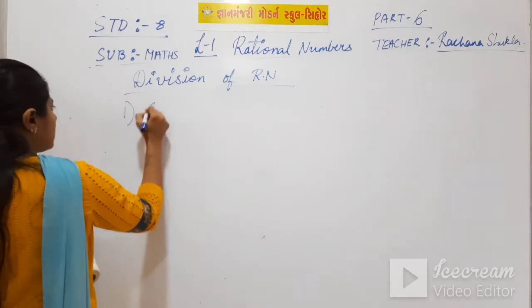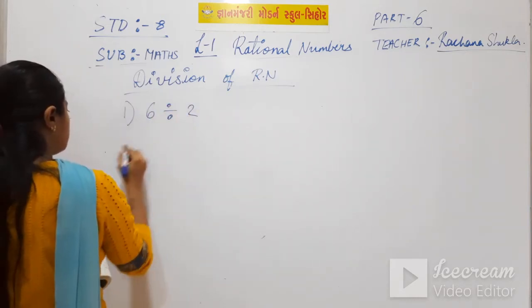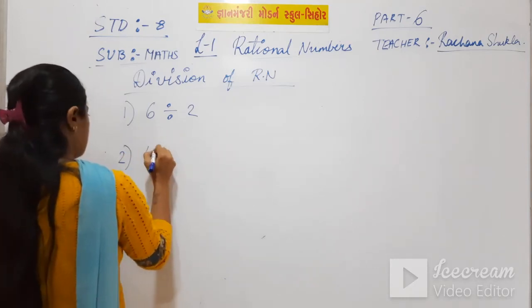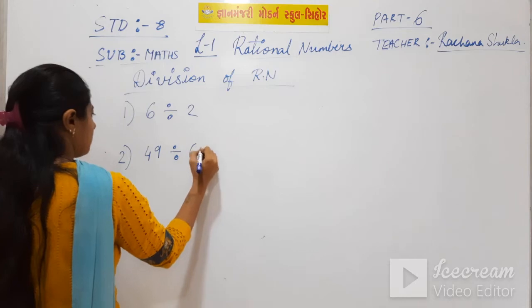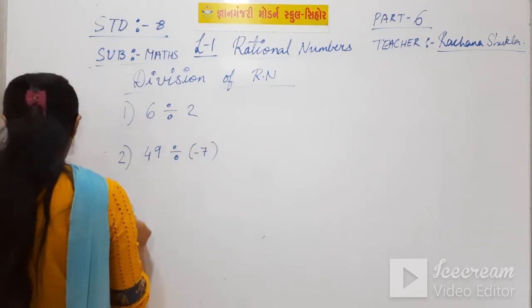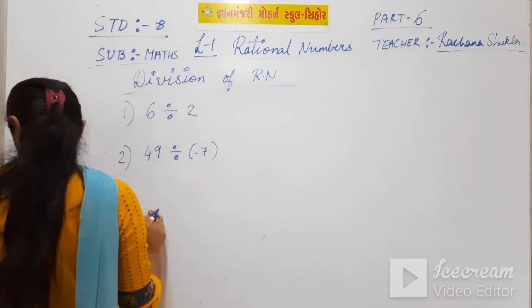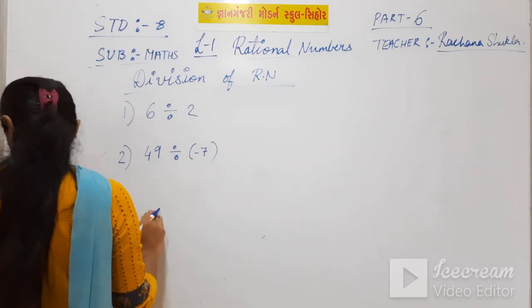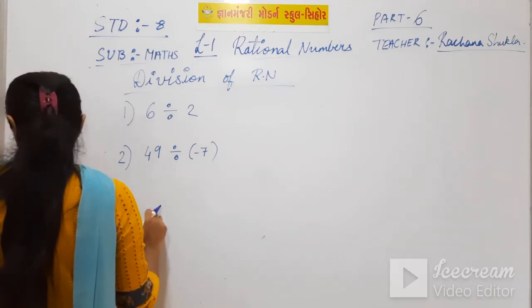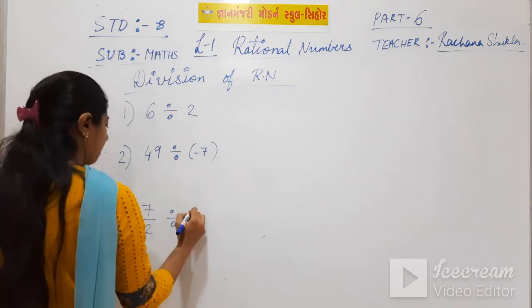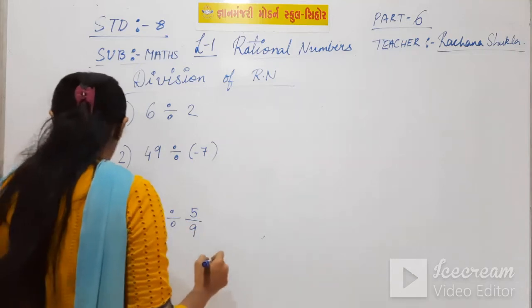The first one is 6 divided by 2. Second one is 49 divided by minus 7. Third one is 7 upon 2 divided by 5 upon 9.